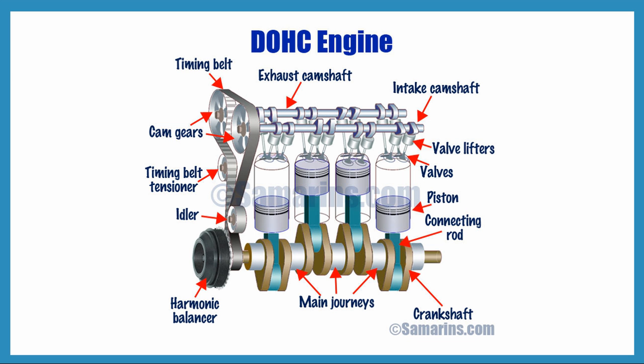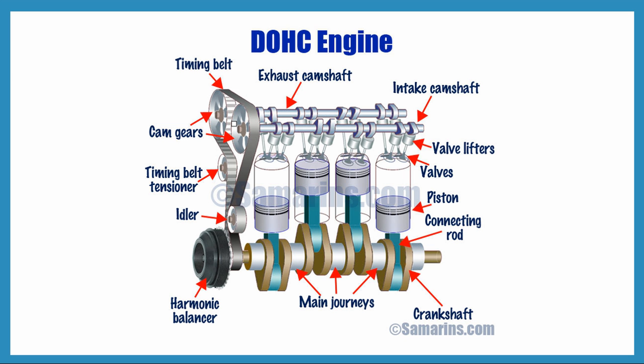As you can see in this picture, this one is the crankshaft, this one is the crankshaft sprocket, and here the two camshafts are available. The two camshafts are used for two purposes.